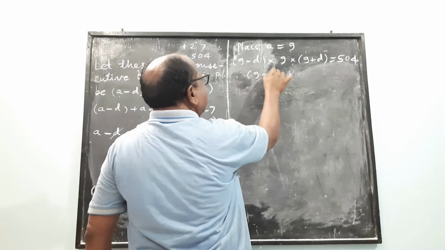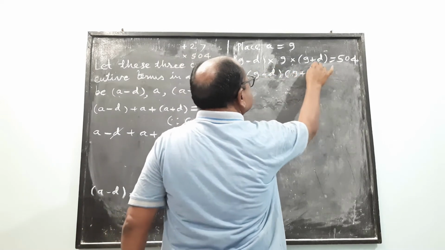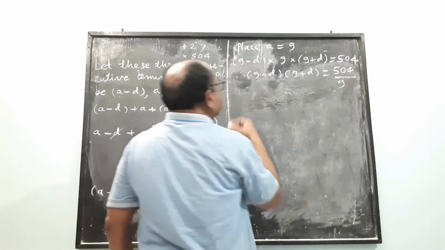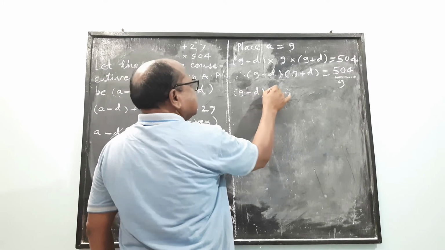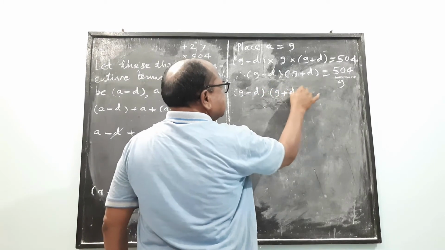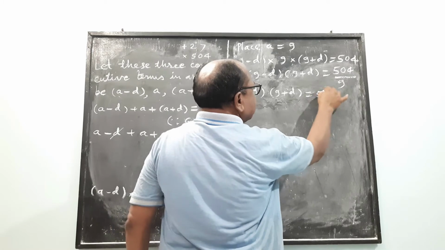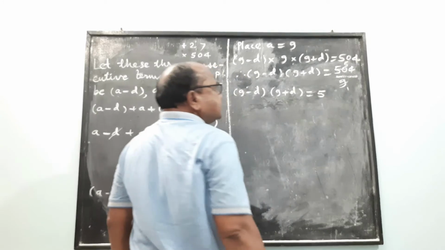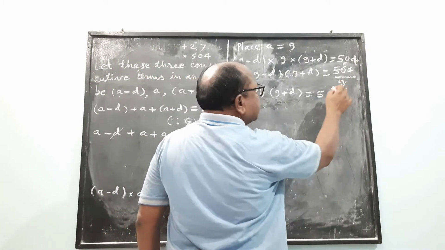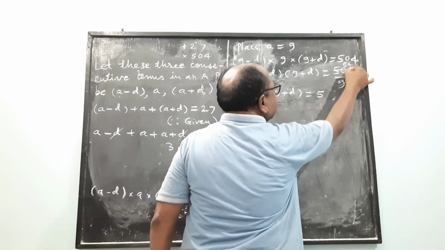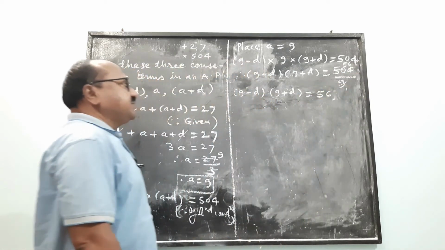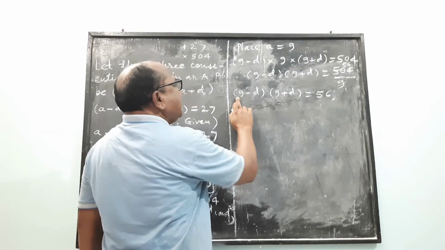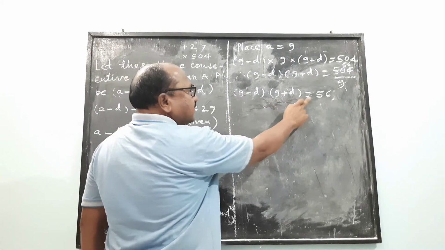Therefore 9 minus D, 9 plus D is equal to 504 divided by 9. 9 minus D, 9 plus D is equal to, so 9 1s are 9, 9 5s are 45, remainder is 5, so 9 6s are 54, so it becomes 56. So 9 minus D, 9 plus D equal to 56.